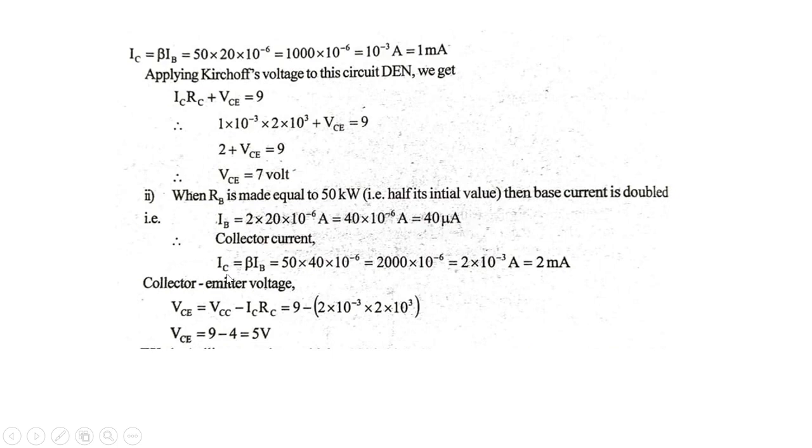Therefore collector current IC equal to beta IB, that is equal to 50 into 40 into 10 raised to minus 6, that is equal to 2000 into 10 raised to minus 6 equal to 2 into 10 raised to minus 3 ampere equal to 2 milliampere. So collector emitter voltage VCE equal to VCC minus IC RC, that is equal to 9 minus 2 into 10 raised to minus 3 into 2 into 10 raised to 3. So VCE equal to 9 minus 4, that is equal to 5 volt.